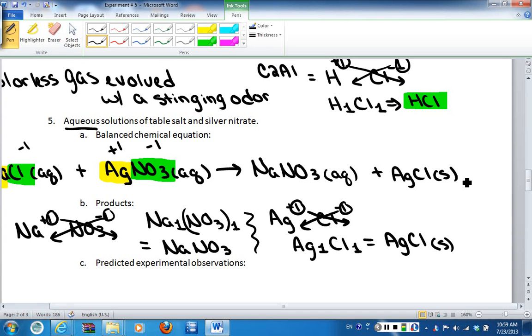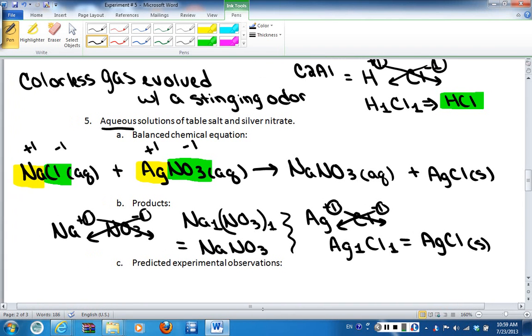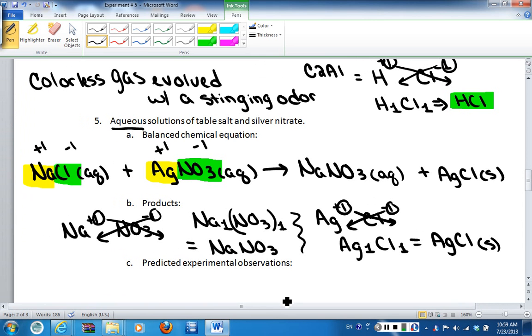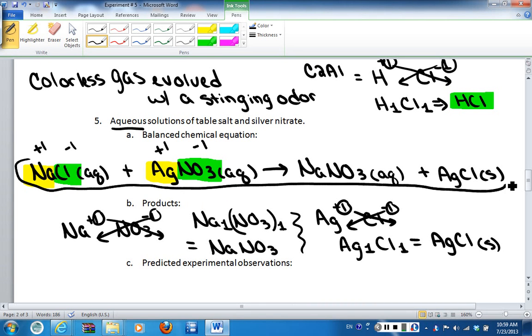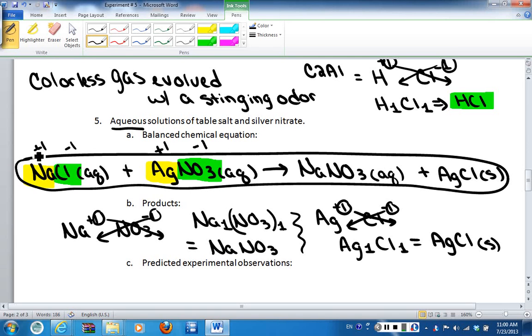So we have predicted our products, and the last thing that we need to do is balance our chemical reaction. And if we go through and check, we see that everything is balanced on the left-hand side as it is on the right-hand side. So we have our balanced chemical equation with the appropriate phases for all reactants and products.